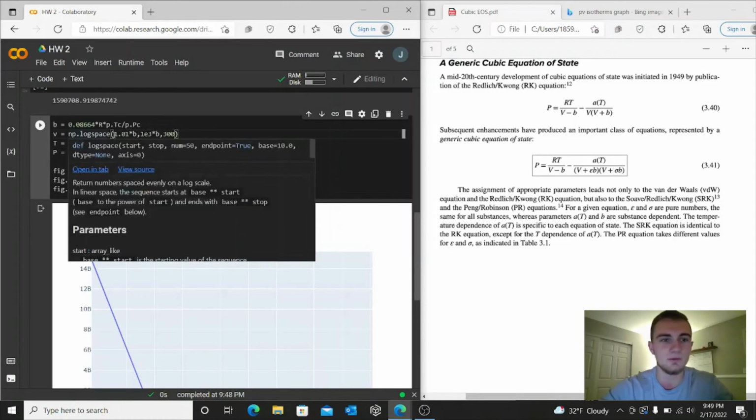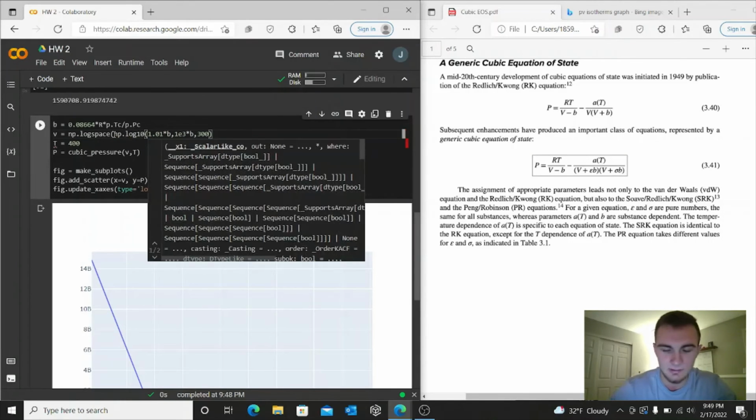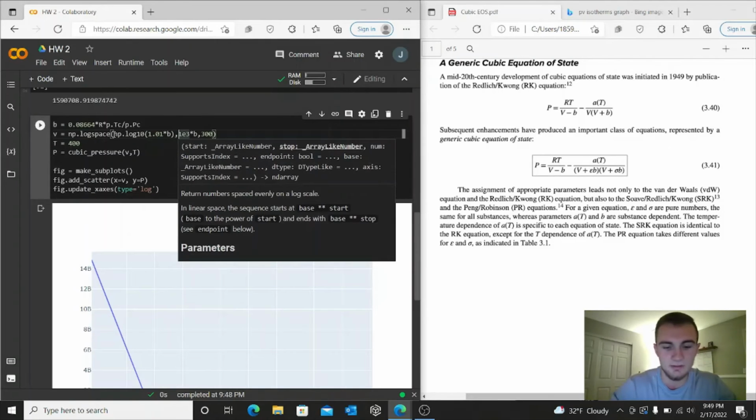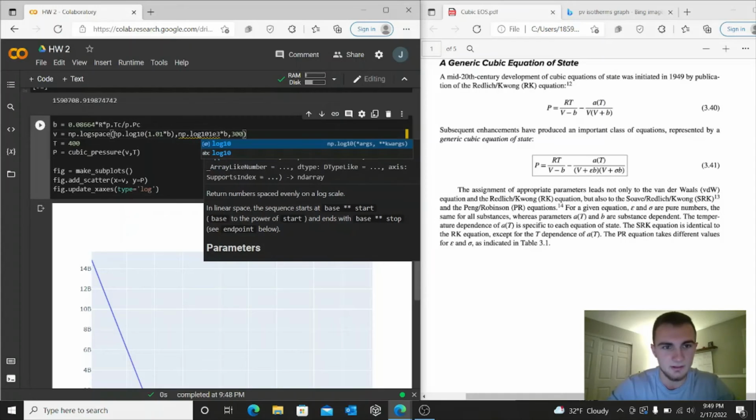We want to keep the same starting values. We do not want to change these values. So if we take the log base 10 of them, that will keep them the same since they are raised to the power of 10. So if we do np.log10 of this value, and again over here the same thing for our ending, so np.log10.